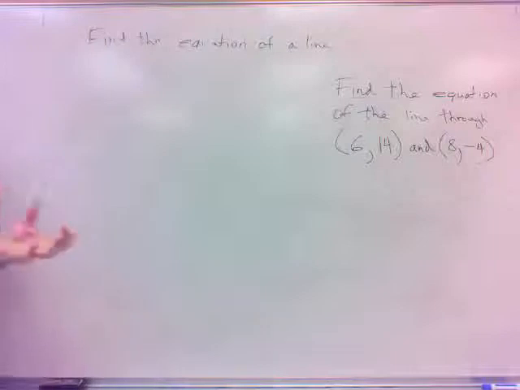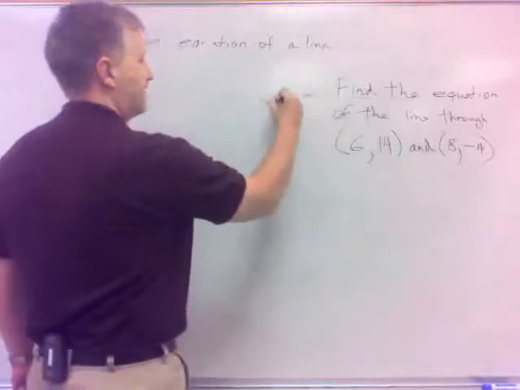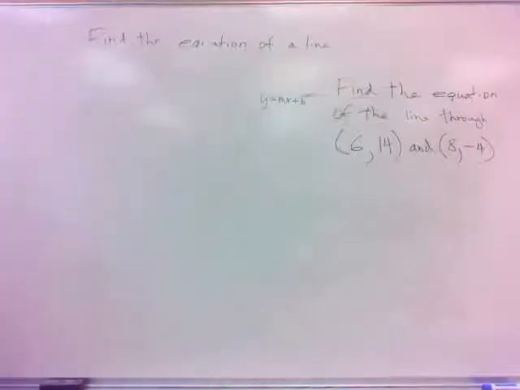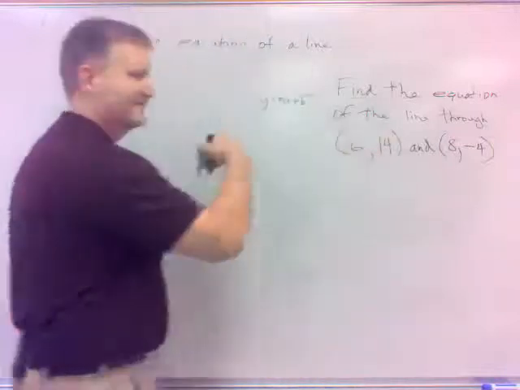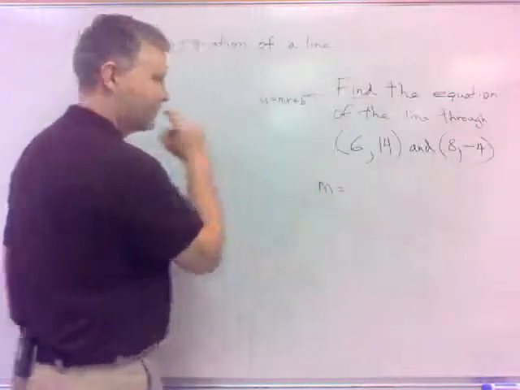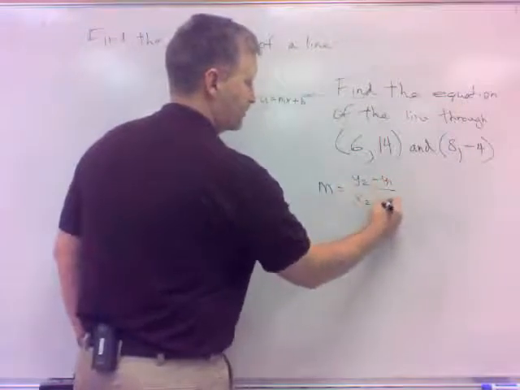Well, again, usually what I'm looking for is y equals mx plus b for my equation. However, do I know either one of those, m or b? No, neither one of those. So I have to start elsewhere here, and since I have 2 points, that's where I would use, first of all, the slope formula, y2 minus y1 over x2 minus x1.